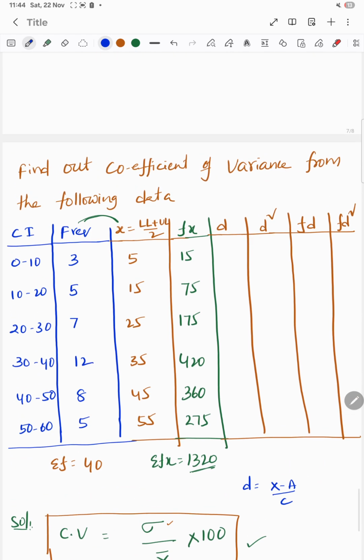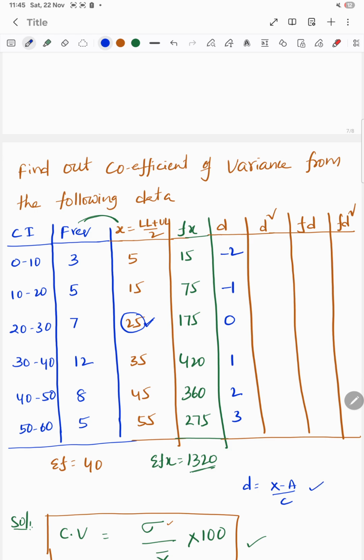But just for a simple procedure I'm using 25 as assumed mean. I will give you a shortcut. Wherever you are assuming, you take corresponding d as 0. All above will get -1, -2 and so on. All below will get 1, 2, 3. Do remember, this is not a blind procedure. This is as per this formula only.